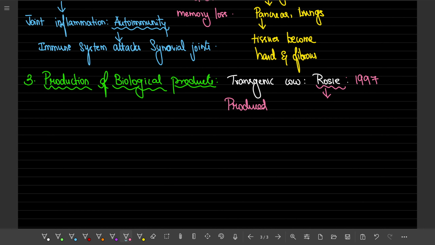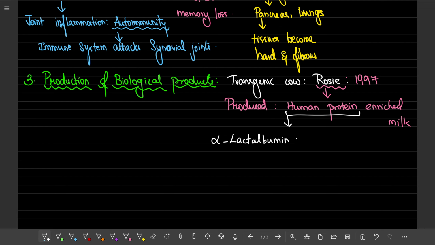Formed in the year 1997. So what was Rosie capable of producing? She produced, very good, yes, human protein enriched milk, which is more suitable for human babies.